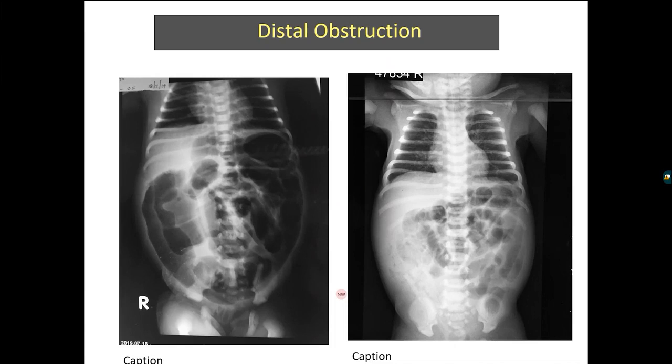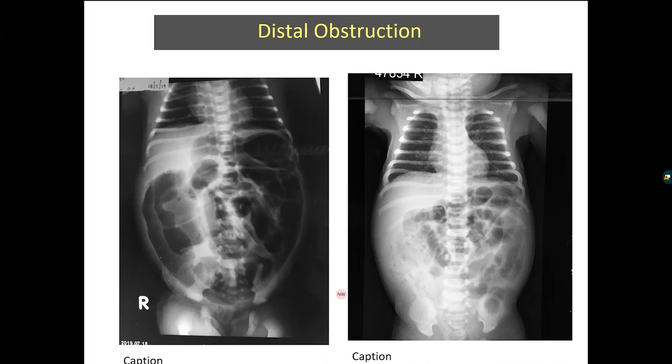So the first objective of a clinician is to confirm the diagnosis of intestinal obstruction with a history, examination, and a plain X-ray supine, which shows dilated bowel loops and potentially absent rectal gas.